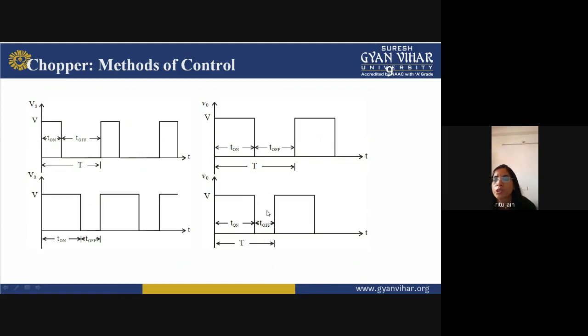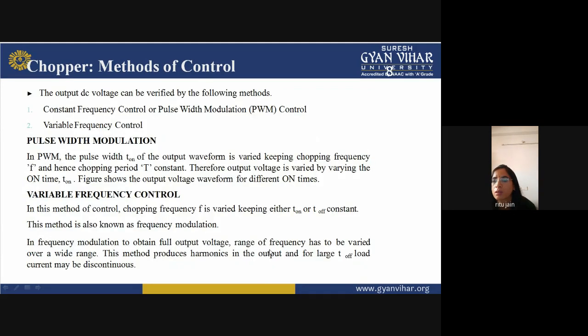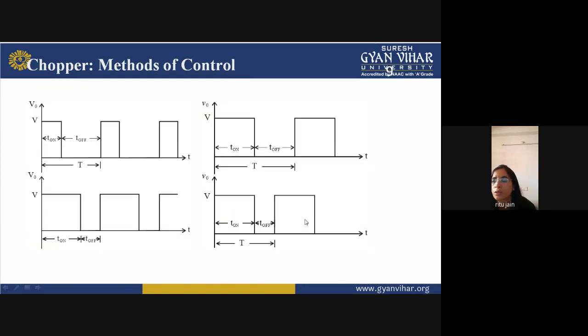So your time period T is fixed in both conditions, and if f is varied, then you have to keep either T on or T off constant. So in this case, T on is your constant, T off is varying. But if you talk about pulse width modulation, the time period T will be fixed.